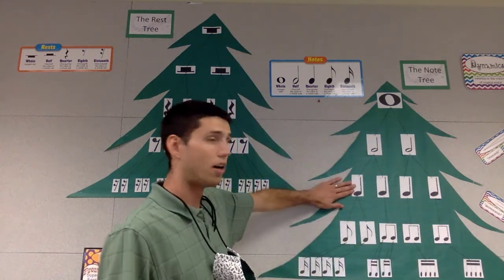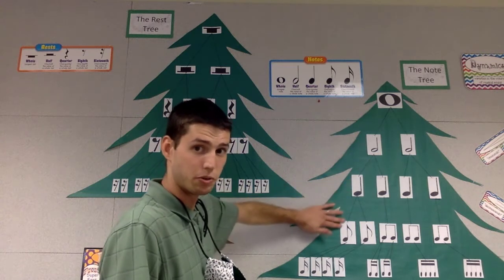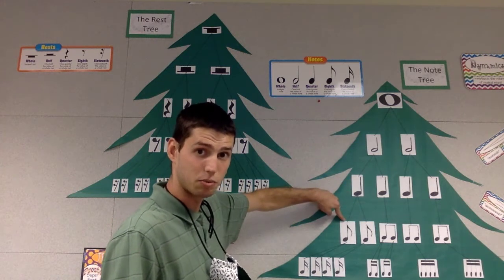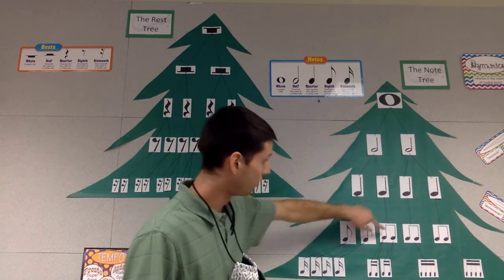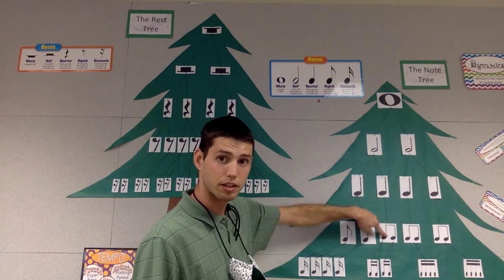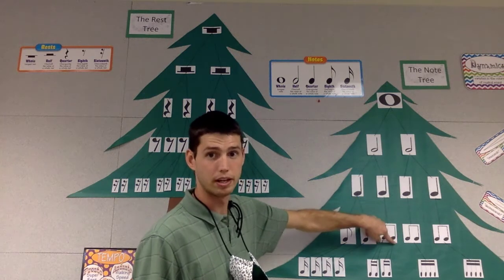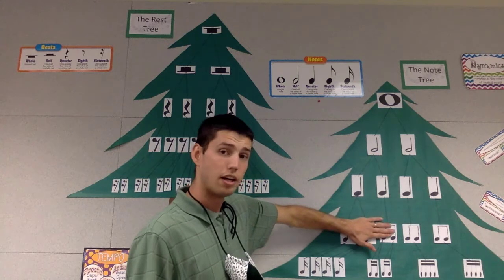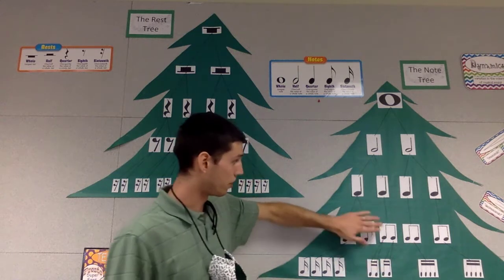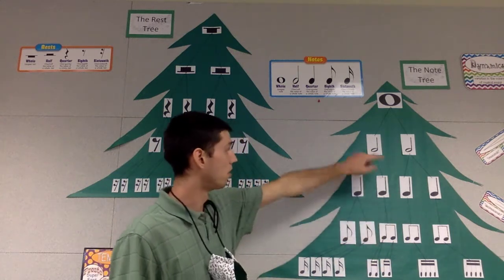Then our quarter note can be split into 2 eighth notes, and they might look like this with a flag, where that gets half of a beat, that gets the other half. Or it might have the stem that goes up, rooftop, and back down to the next one. Those are worth the same thing. They just look a little different. So those are 2 eighth notes, that's 2 eighth notes.